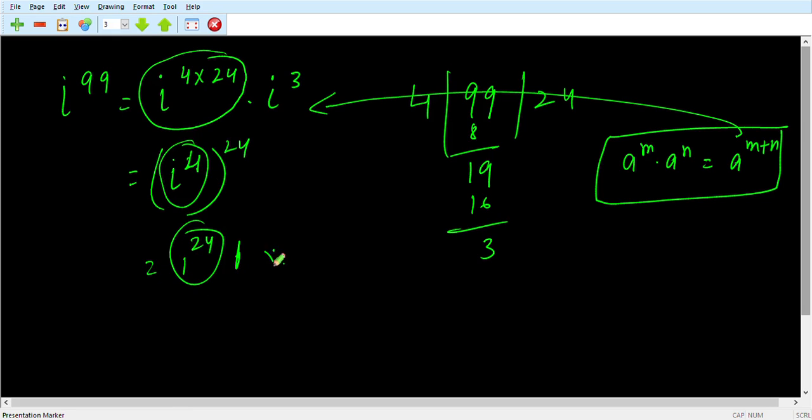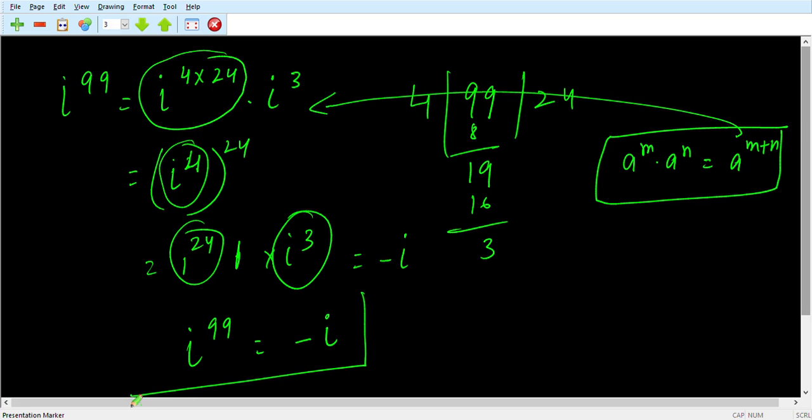So 1 into iota to the power 3, and we know that iota to the power 3 is minus iota. So the answer of iota to the power 99 is minus iota.